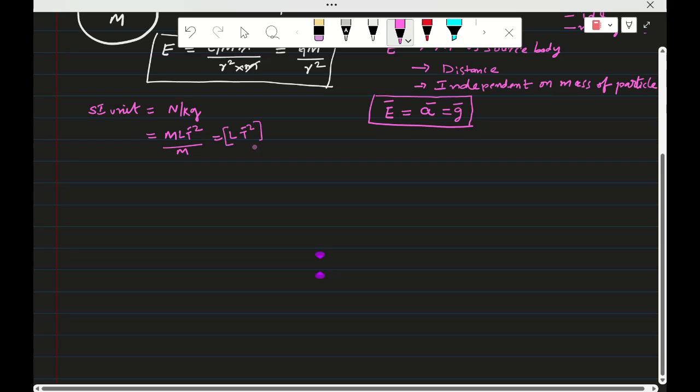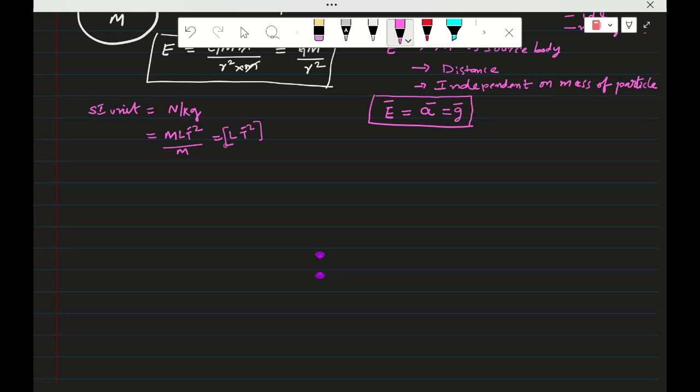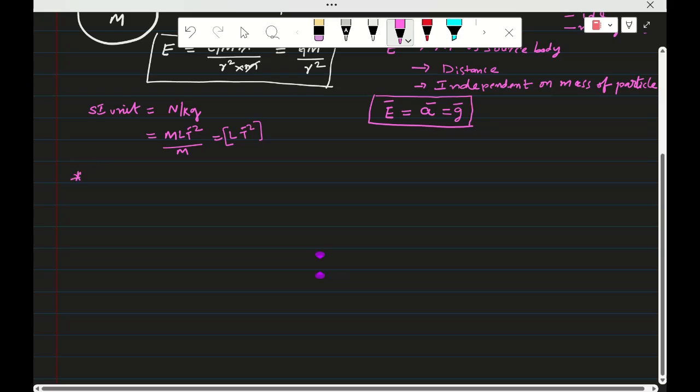From the dimension formula also we can say the field is acceleration; the acceleration dimension formula and the field dimension formula are the same. Whereas the field is a vector, that means it compulsorily follows the vector law of addition.